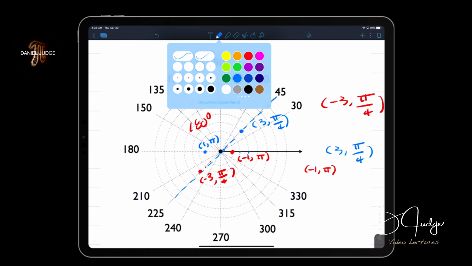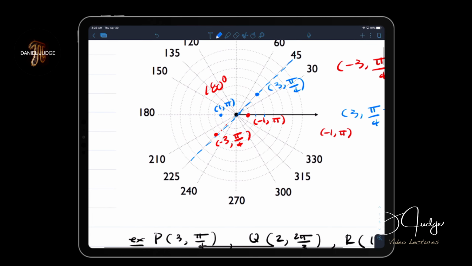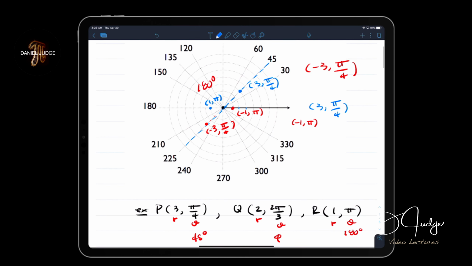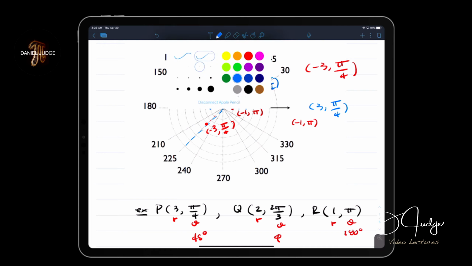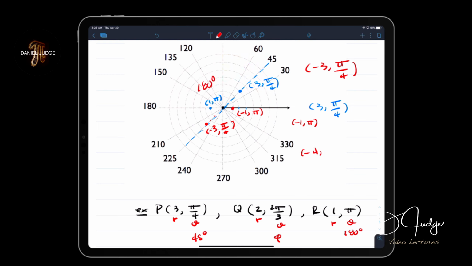Let's try one more. They want us to plot negative 4, pi over 6, and that's really negative 4, 30 degrees. So you start, ladies and gentlemen, by plotting positive 4, 30 degrees, and you say, where is this? This is 1, 2, 3, 4.